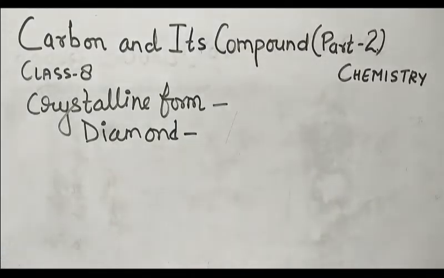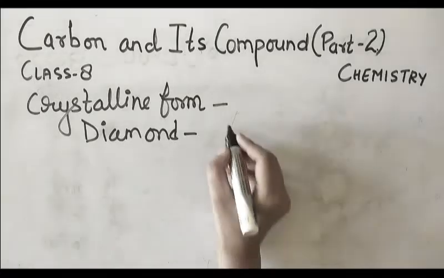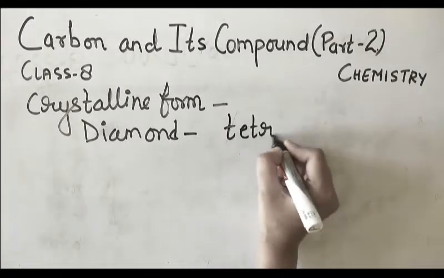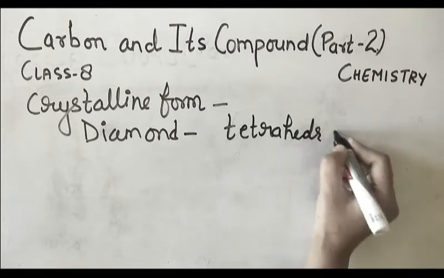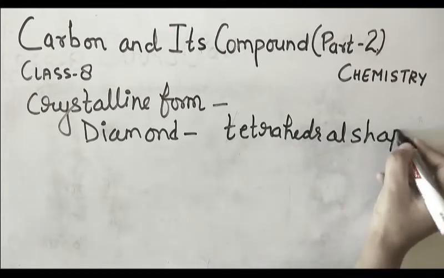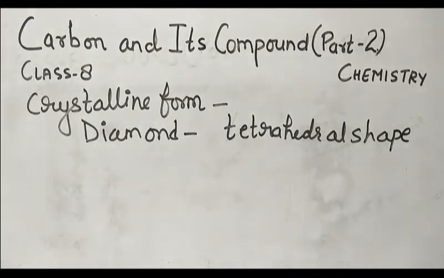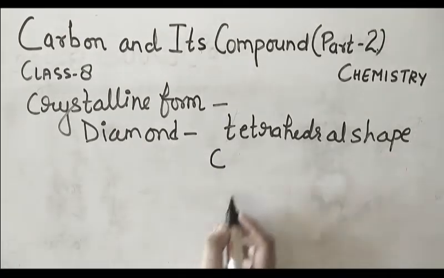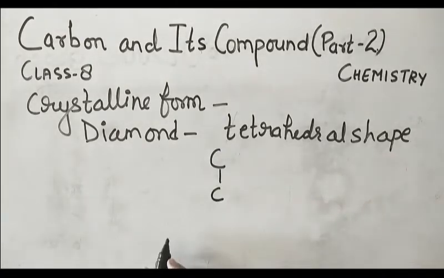In diamond, each carbon atom is linked with 4 other carbon atoms in a tetrahedral shape. Suppose this is the carbon atom, and it is attached with 4 carbon atoms.